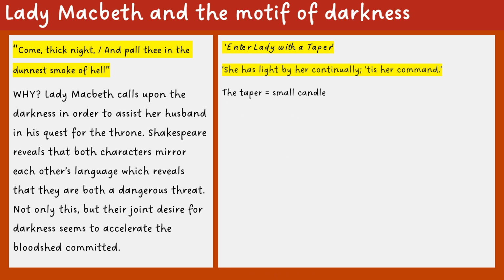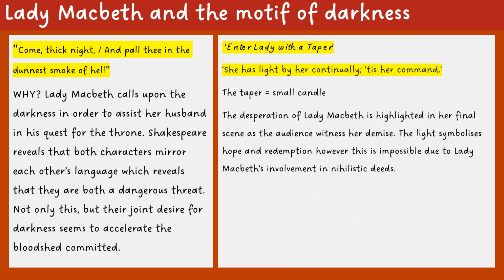Now, a taper is a very small candle. And this is what shows the audience Lady Macbeth's desperation and her true decline from power. In this final scene, the audience truly witness her demise.